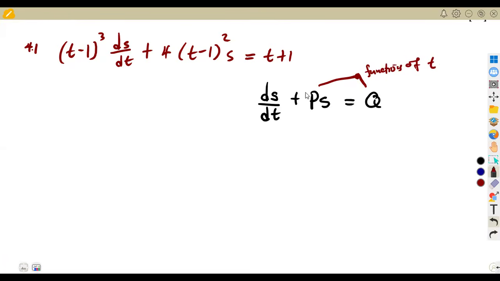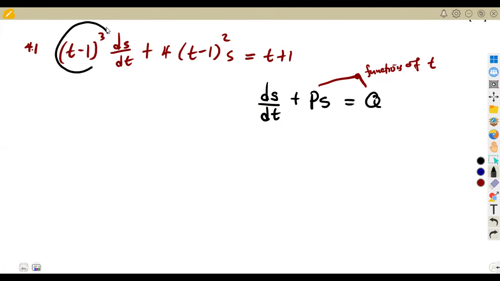So we are supposed to have our first order linear differential equation in this format, right? The ds/dt as a linear. So what is it that we are supposed to do to remain with the ds/dt?